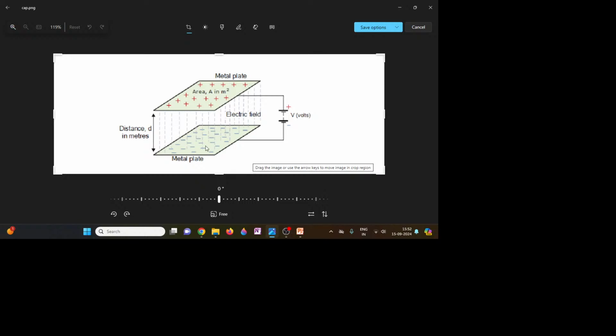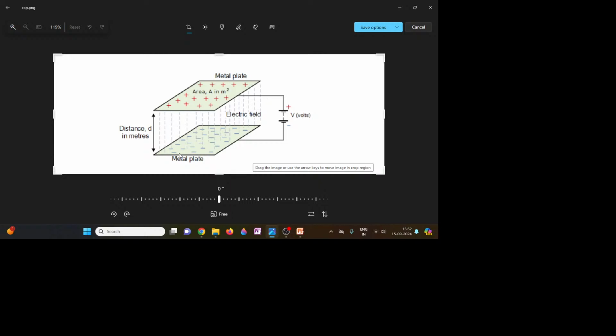Here the property of the capacitor is capacitance, similar to your resistor. The property of a resistor is resistance, the property of an inductor is inductance, the property of a capacitor is capacitance. Because of this capacitance property, it stores energy in the form of an electrostatic field.